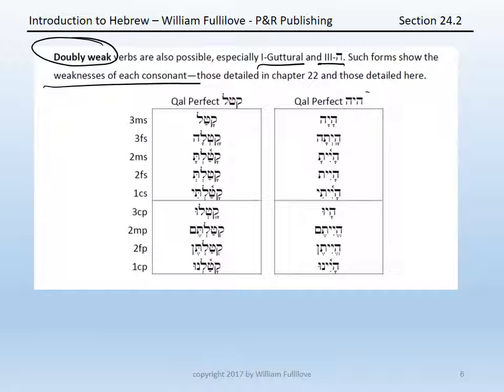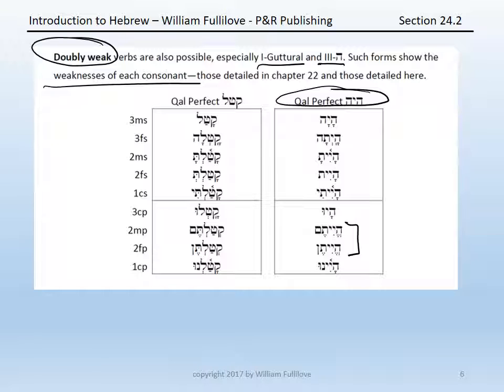So for instance, the verb haya, whose Qal perfect you learned earlier, is haya, hayeta, hayita, hayit, hayiti, hayu, heyitem, heyiten, hayinu. Notice that as a first guttural, because he is a guttural, you have the compound shewa in the second masculine plural and second feminine plural forms.